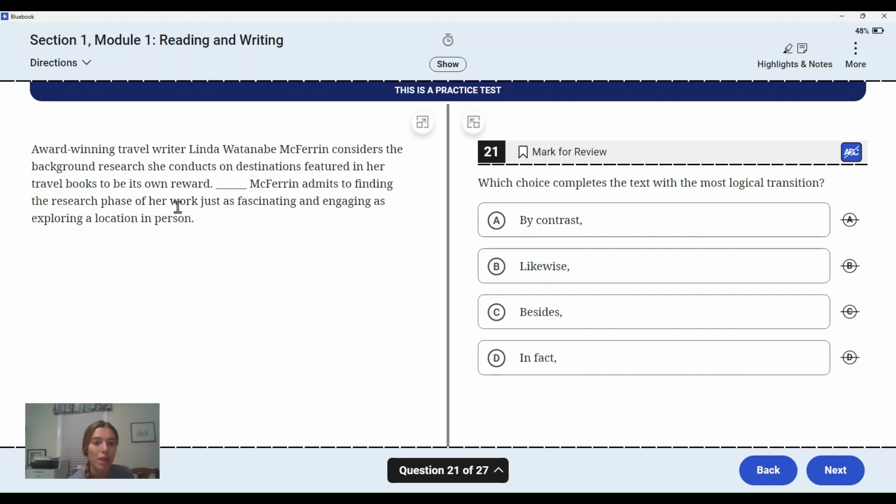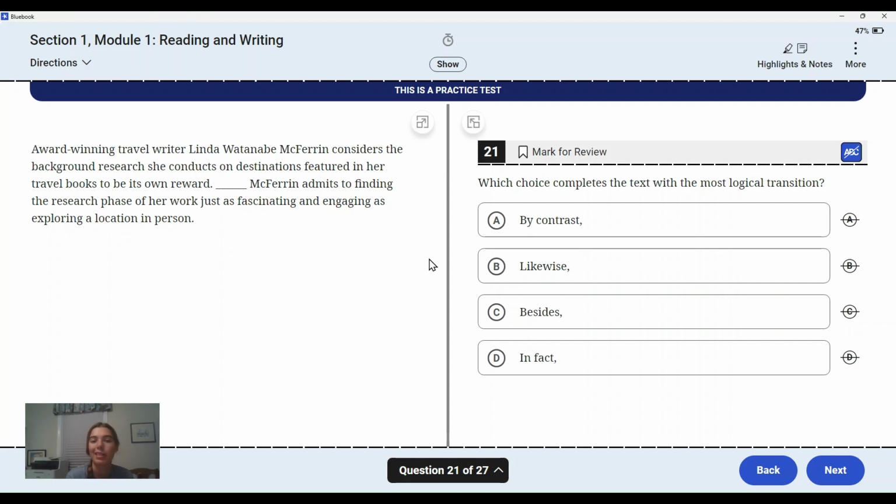What it appears to me is that you're going into more detail about this first sentence. It's going to be some kind of transition word like specifically or in fact. So let's go ahead and look at the answer choices.